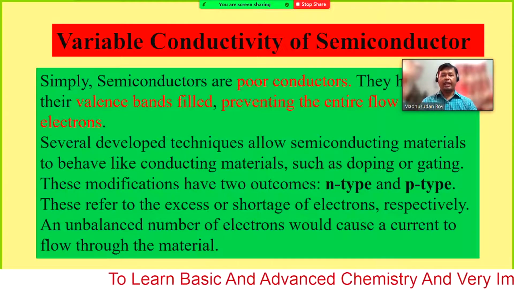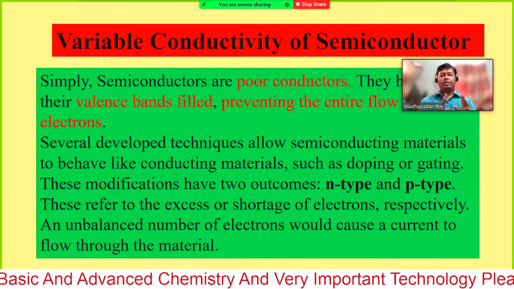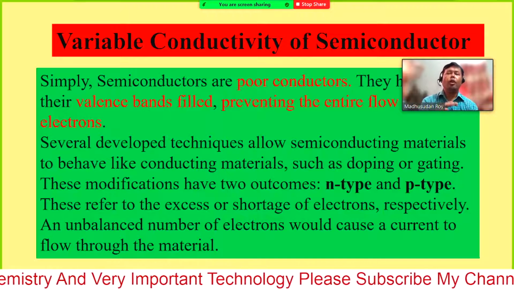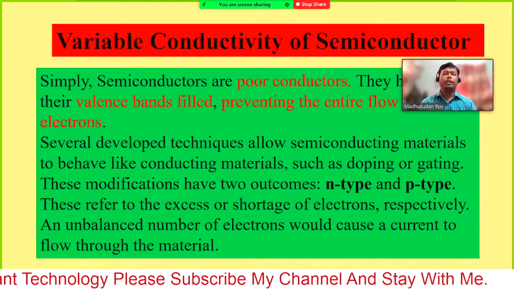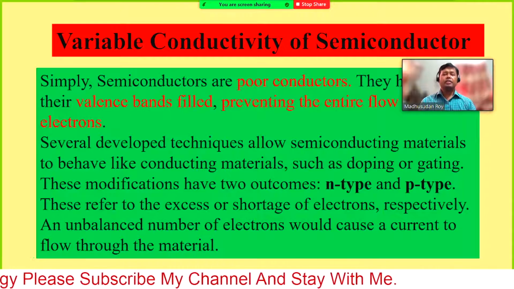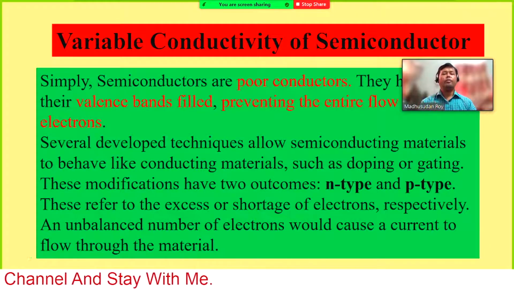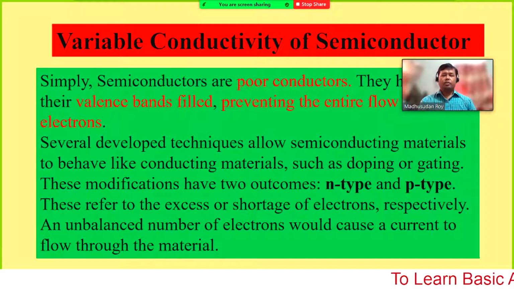This refers to the excess or shortage of electrons. That means if you add some dopant, some external material, inside your semiconductor material, in that case you can have one extra electron or a shortage of one electron. That will give you the availability to transfer electrons through the substance or through the crystal.